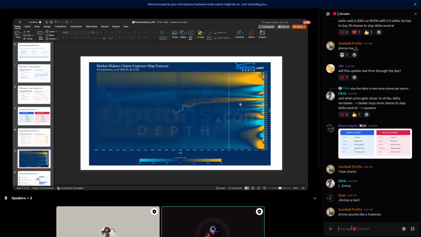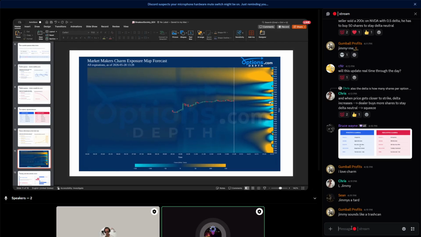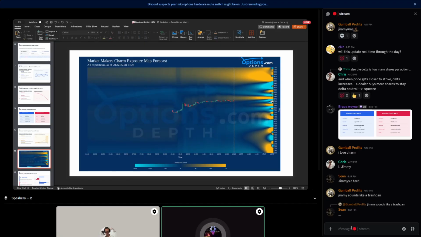For example, I took this screenshot earlier. I think we ended the day at 7565, somewhere around there. I think we dipped a little bit into this where price was supported, and you can see we actually ripped up a little bit. I believe that's what happened. Don't quote me on that.